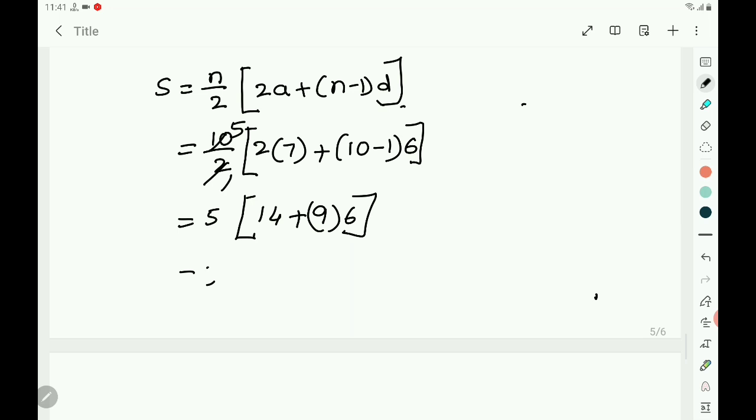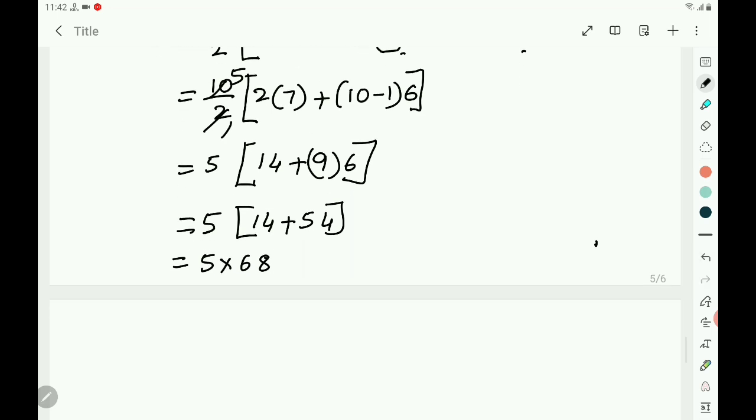Equals 5 into, write 14 as it is, plus 9 sixes are 54, equals 5 into 14 plus 54, 4 plus 4, 8, 1 plus 5, 6, 5 into 68, or directly you can write 68 into 5.